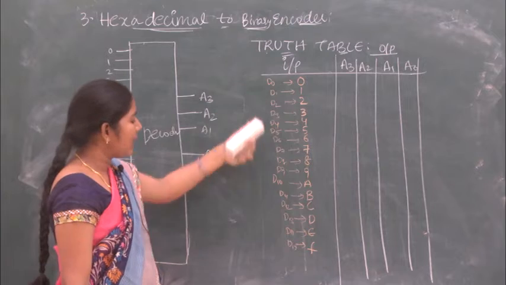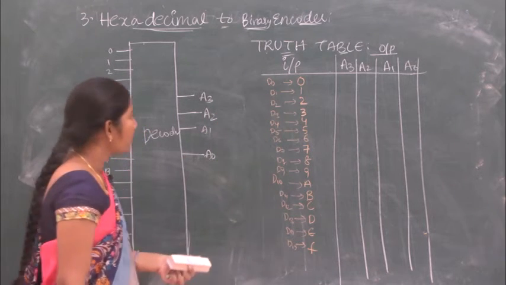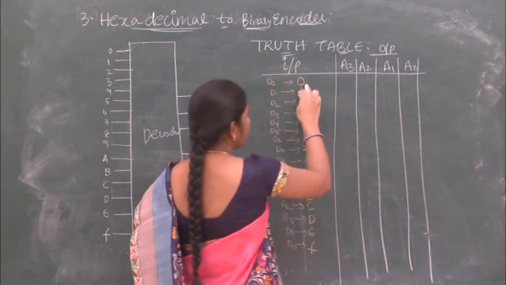Right? So here we are having 16 inputs, 0 to 15. So we need to find first the corresponding binary code.